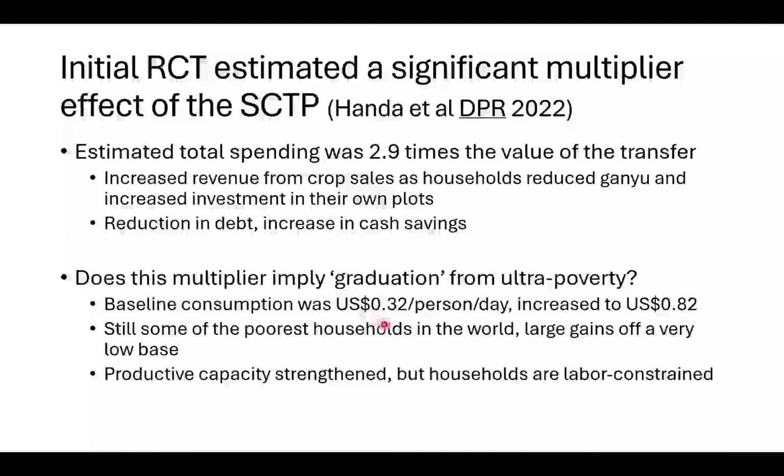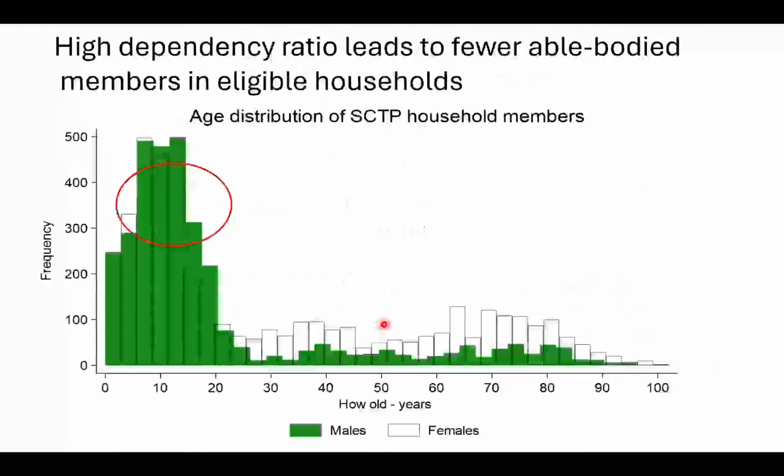So, okay, why am I saying all this? You'll see in a second. This is a profile of what the households look like in terms of their demographics. And you can see when I talk about high dependency, right? You can see that there are very few so-called able-bodied or prime-age adults. There are a lot of grannies up here, and you could see that these households are very female-oriented as well, right?